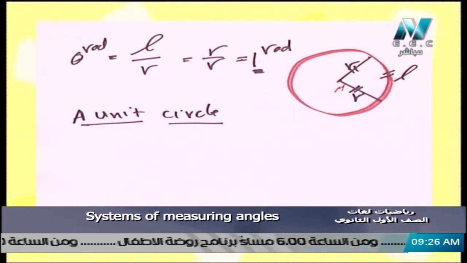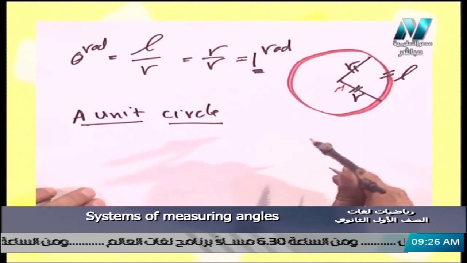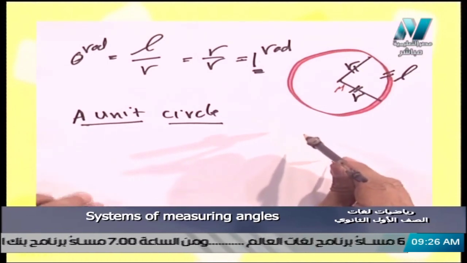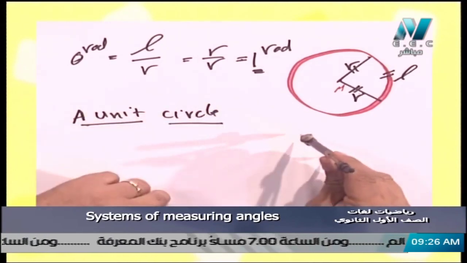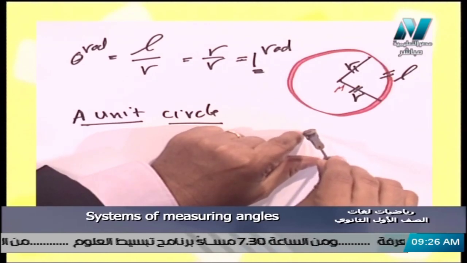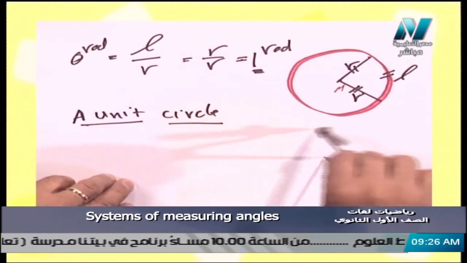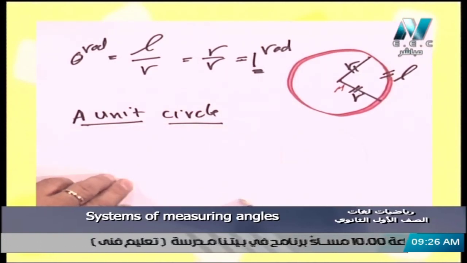If we have a circle and its radius is unit, its radius unit means the radius is 1 centimeter or 1 meter or 1 millimeter or even 1 kilometer, it will be the unit of length.